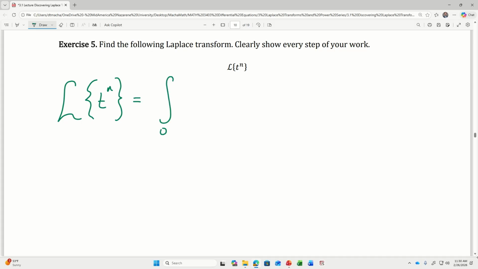But you'll see what the trick is here in a minute for a Laplace transform. This is going to require integration by parts.